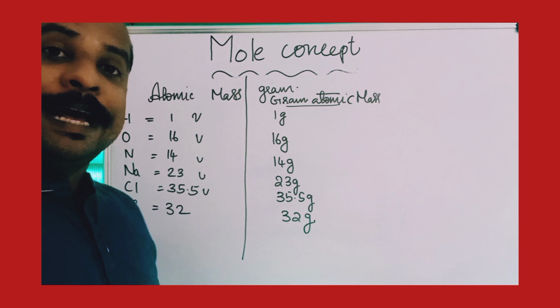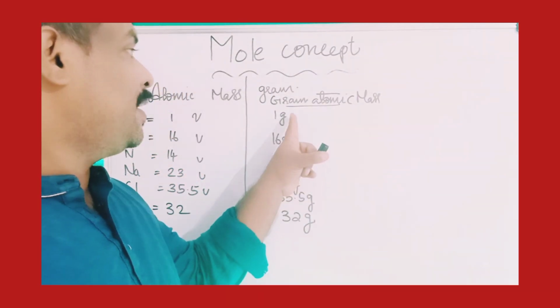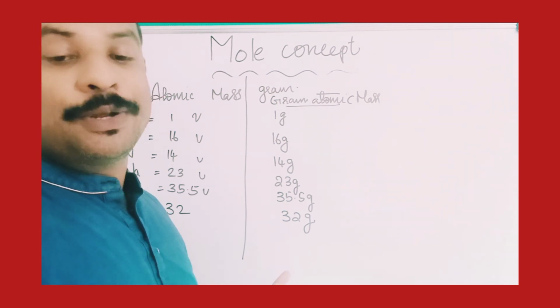When we express the atomic mass of an element in gram, we call it gram atomic mass.